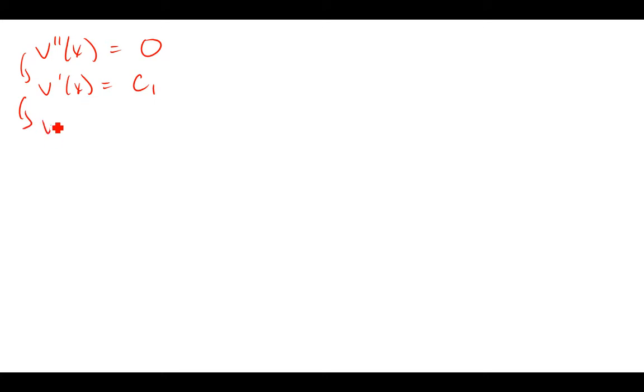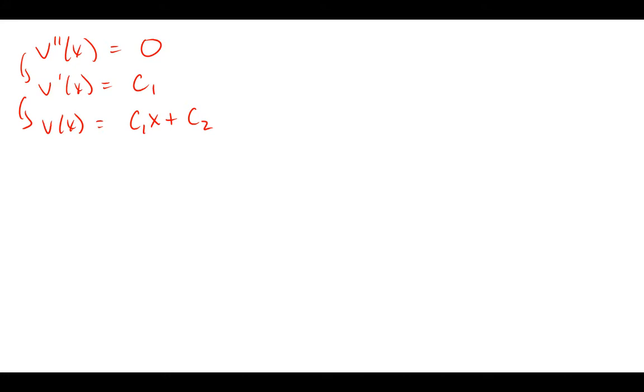Integrate one more time and I get a line. A function whose second derivative is 0 could be a constant, but I have at most a line in here.